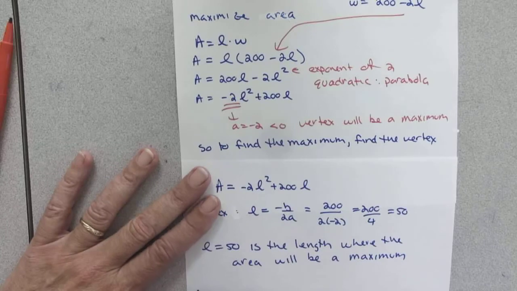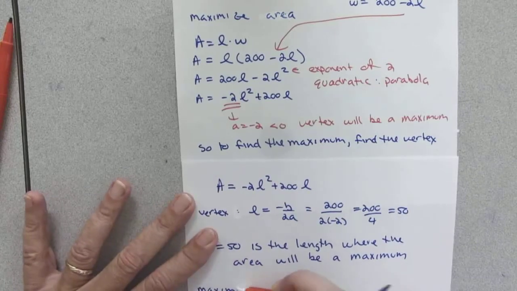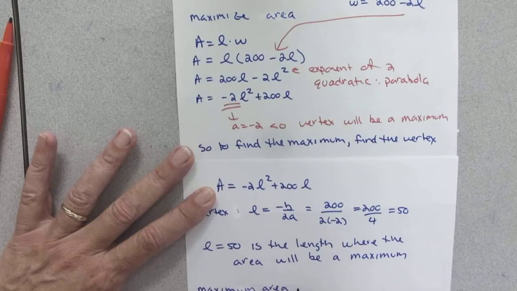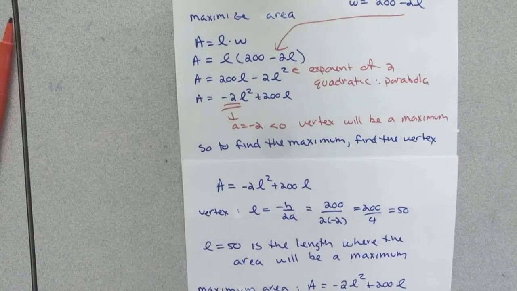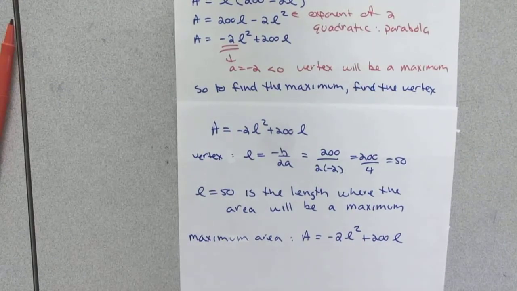Then the maximum area will be what I get when I take my formula for area, A equals -2L squared plus 200L. That formula there gives you area. You give me a value of L, I will give you the area.